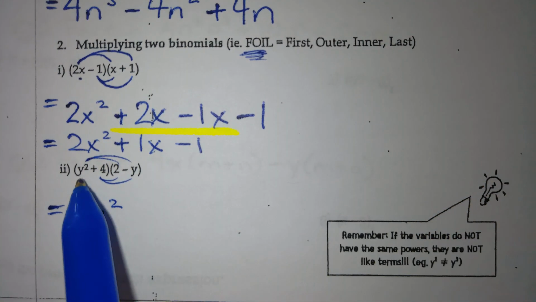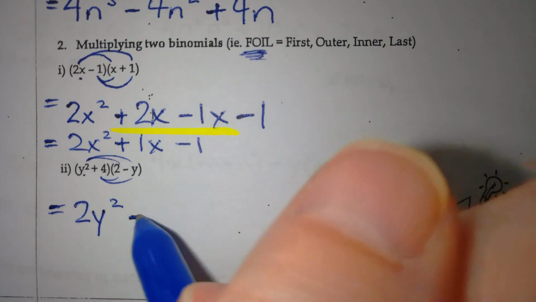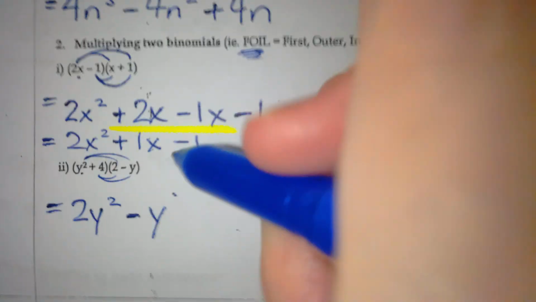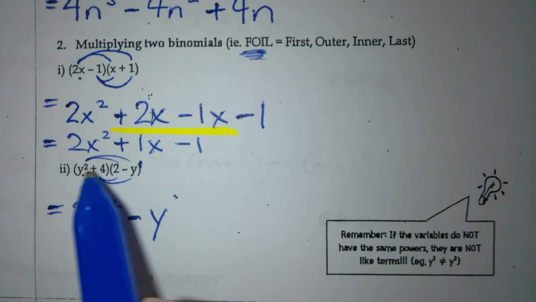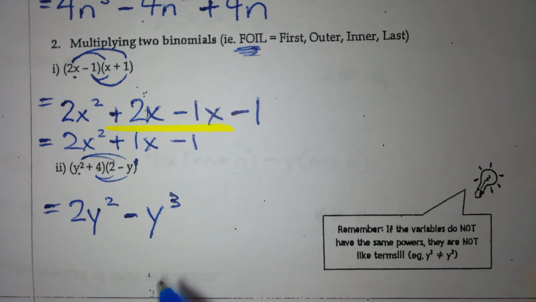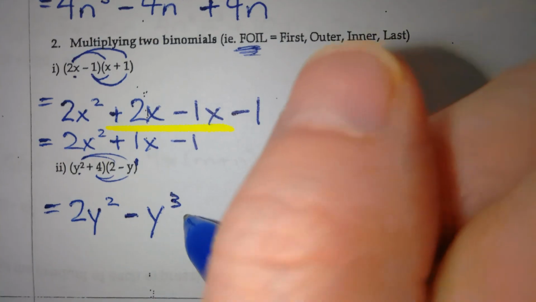Good. And then y squared times negative y. Negative y. What would my exponent be here? The 2 and the 1. So when I add it, I get 3. Good. 4 times 2. 8. Yep, so plus 8.